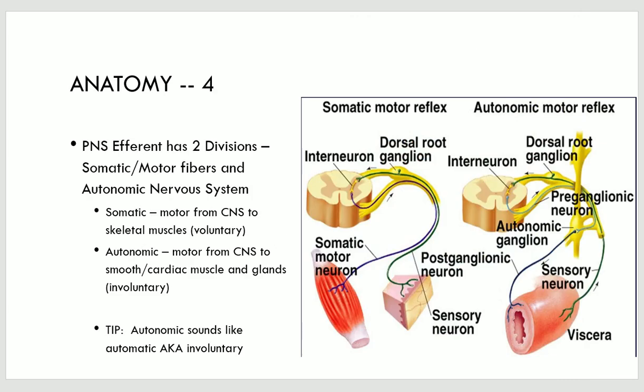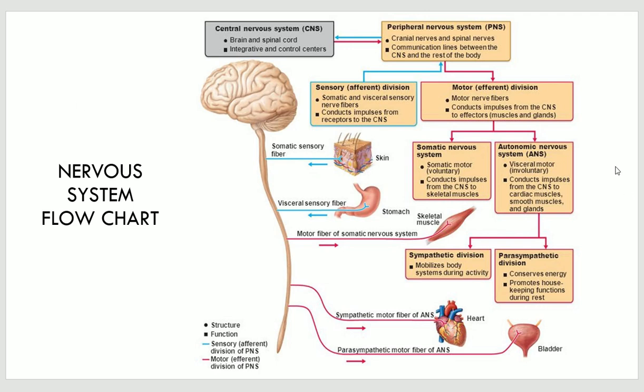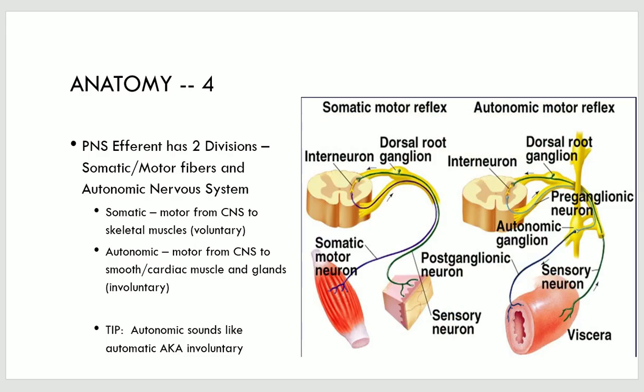And then the efferent. So going back up here to slide 2, now we're on the efferent divisions. They break down into the somatic nervous system and the autonomic nervous system. This is information exiting the central nervous system, the brain and the spinal cord, going where it needs to go.